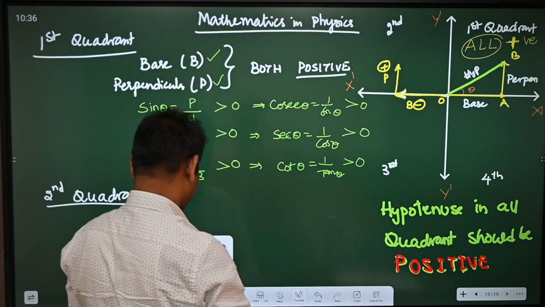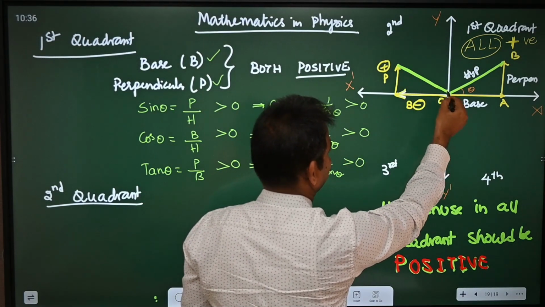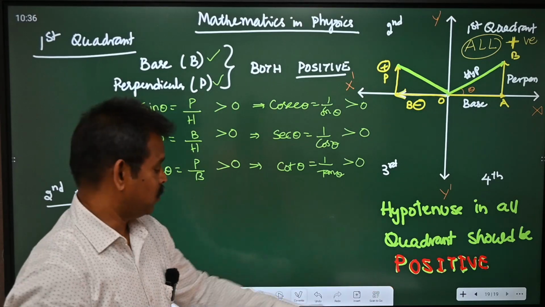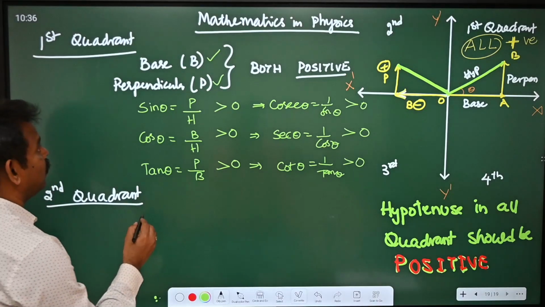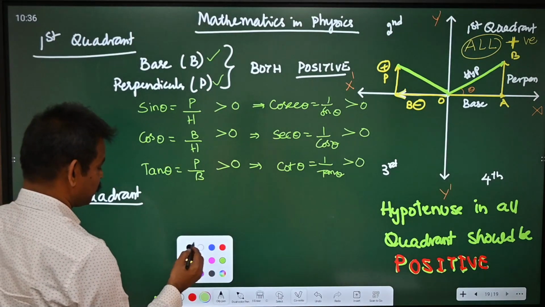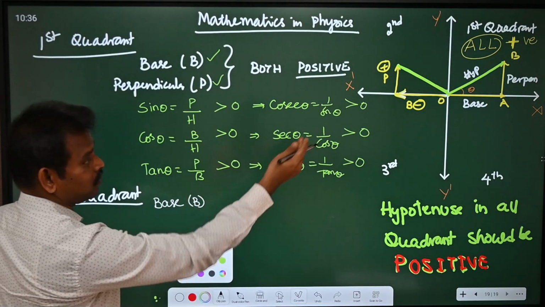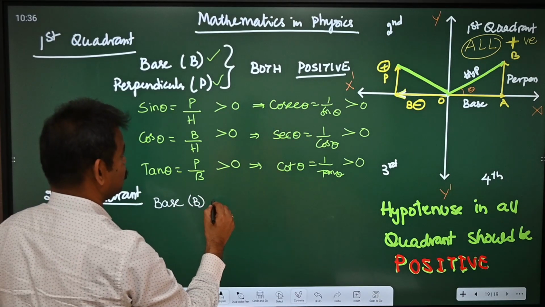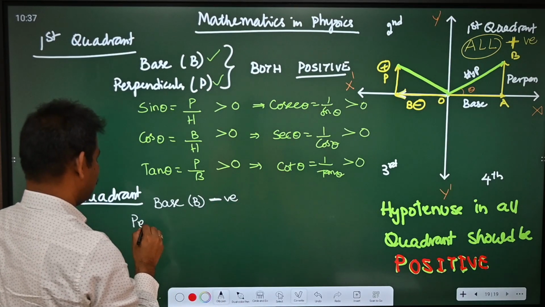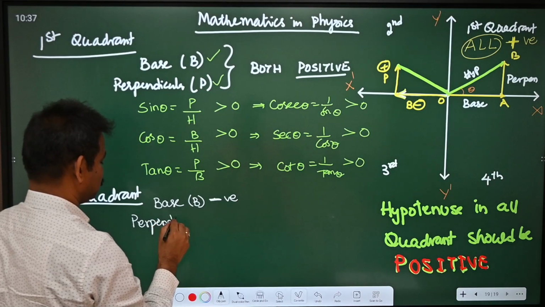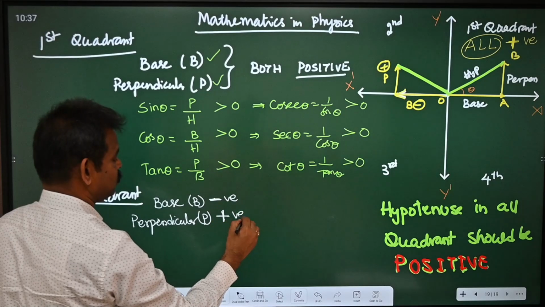As I said earlier, the hypotenuse is always positive in any quadrant, hypotenuse is positive. Now from this we can write: base b in the second quadrant is negative, and perpendicular p is positive.